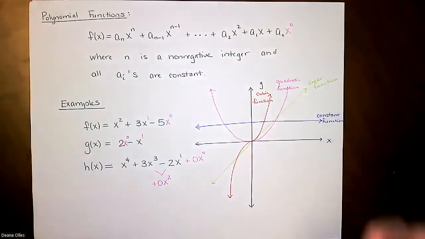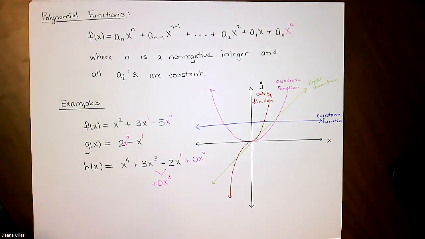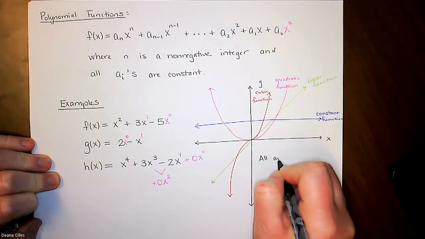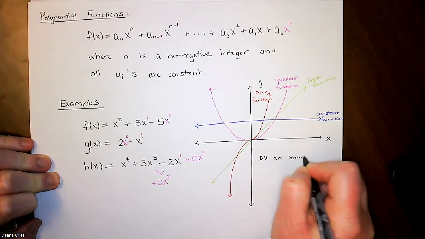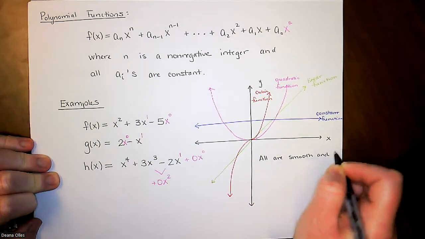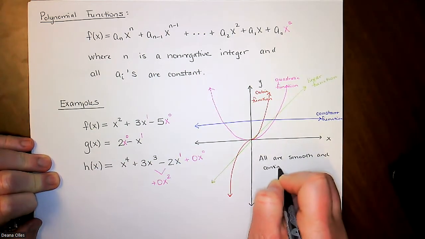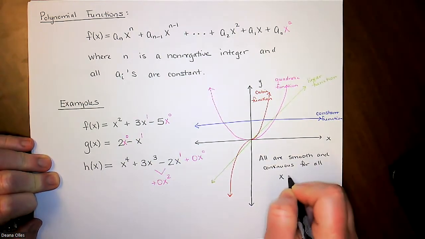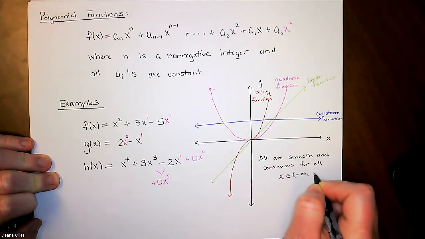Now you can use the textbook and go back into the appendix for some algebra review to see more versions of polynomial function graphs. But what I'm trying to tackle here is getting you to remember that all of these are smooth and continuous for all x in the real numbers.